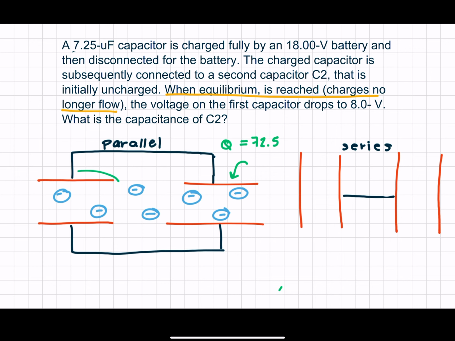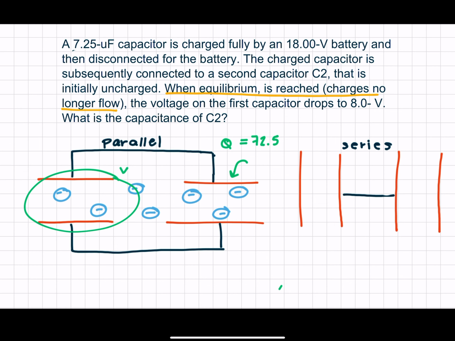So the voltage on this plate is equal to the voltage on the second plate. The question tells us that the voltage on the first capacitor is 8, so that means that our voltage on the second one is also 8.